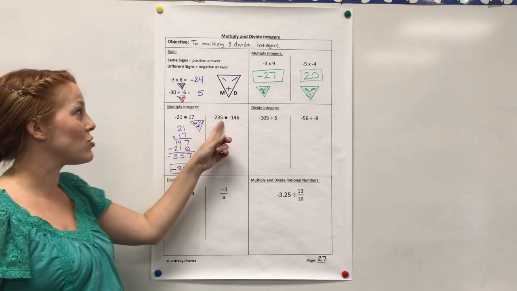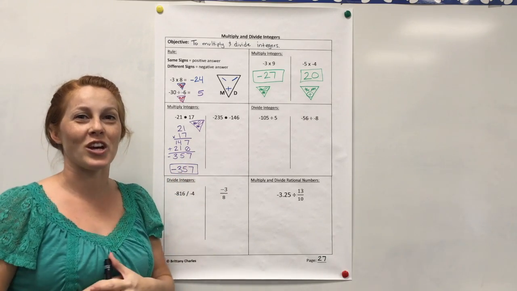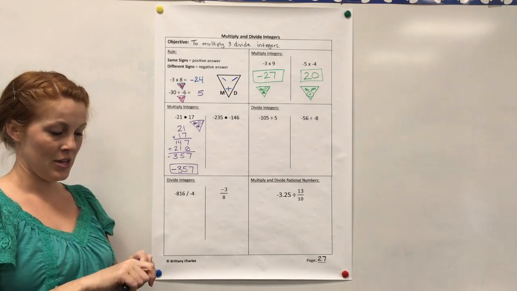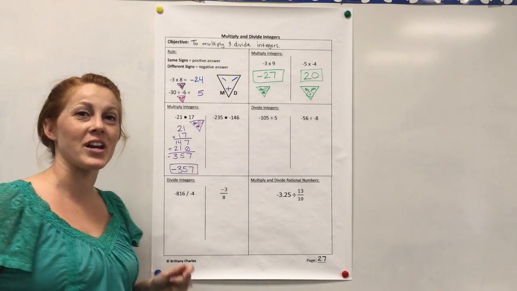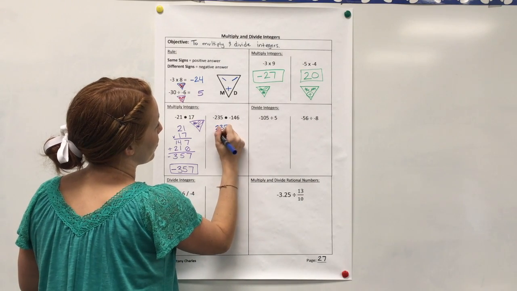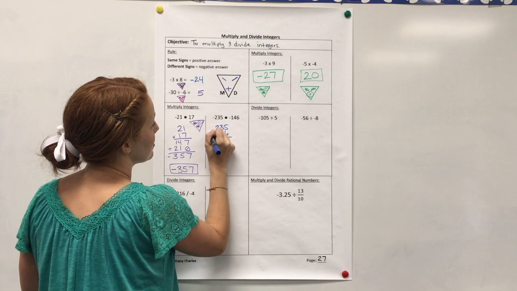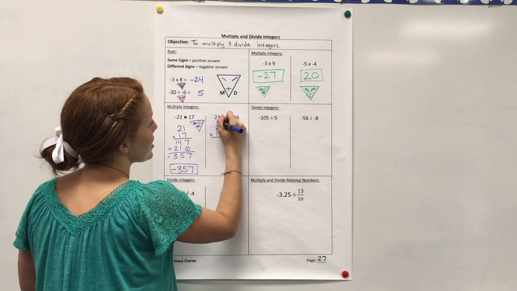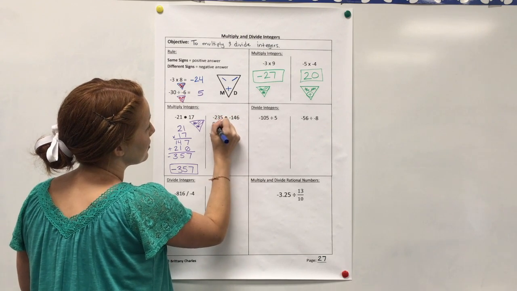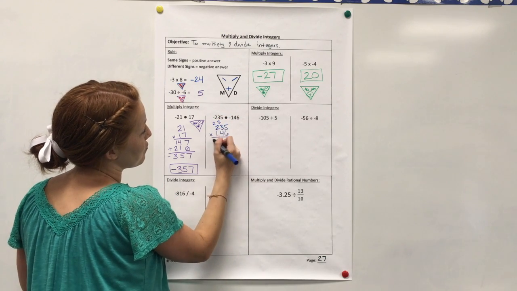Okay, go ahead and do this one, pause, and then check your answer. All right, now that you've had time to work it out, let's see. 235 times 146. 6 times 5 is 30. 6 times 3 is 18, 19, 20, 21. 6 times 2 is 12, 13, 14.